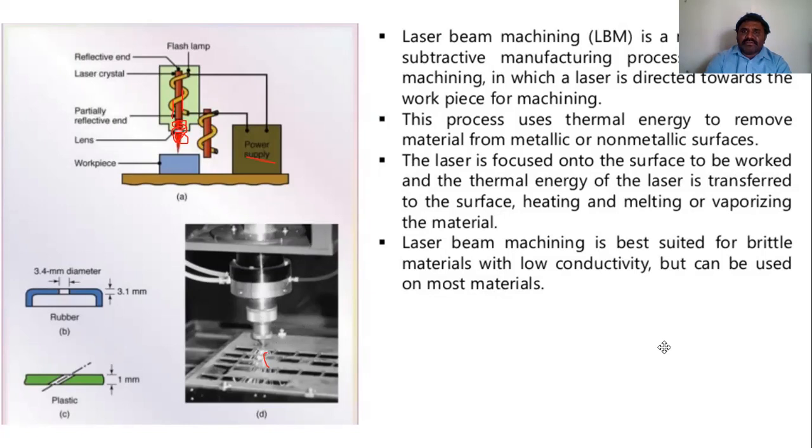Now we already know that laser beam machining is a non-traditional, unconventional machining process, directed towards the workpiece for machining.